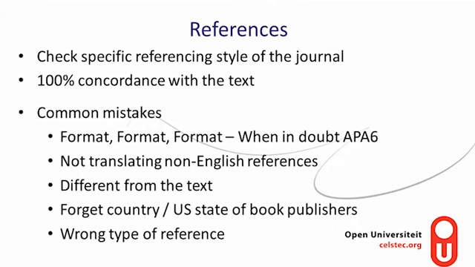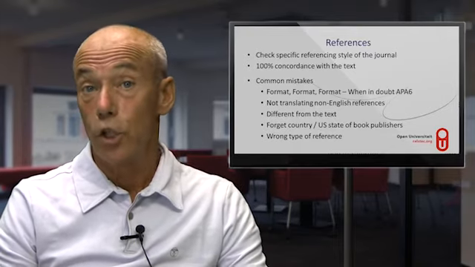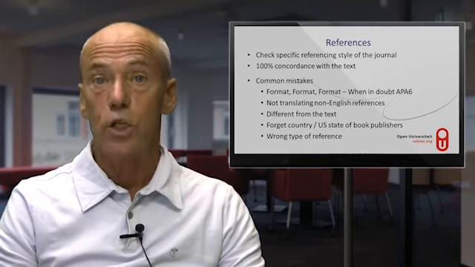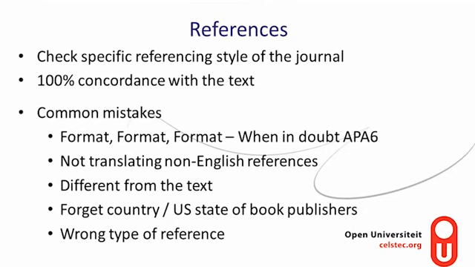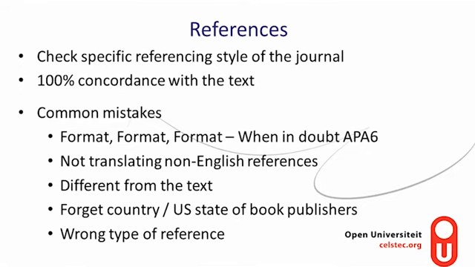A second one, especially for people in Europe, is not translating the non-English references. Your title of an article in French, Dutch, German should be followed by a bracketed translation of the title. A common mistake is that it's different in the text, that the A's and B's have been interchanged, that the year is the wrong year. Often people forget the country, and if it's an American book, the state that the book has been published in.